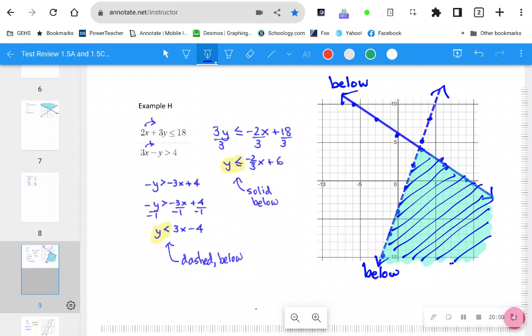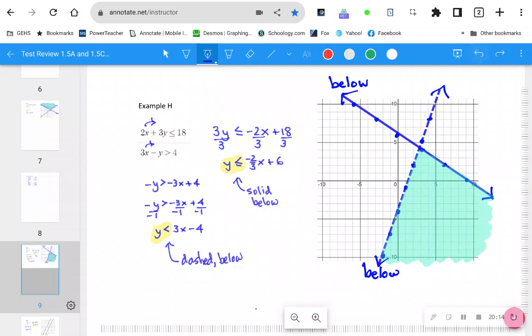Okay, so let me back up and show you how you could identify which corner would be the corner to use. So if I back up, you're trying to decide where does the shading go. So I'm cleaning all this up here.